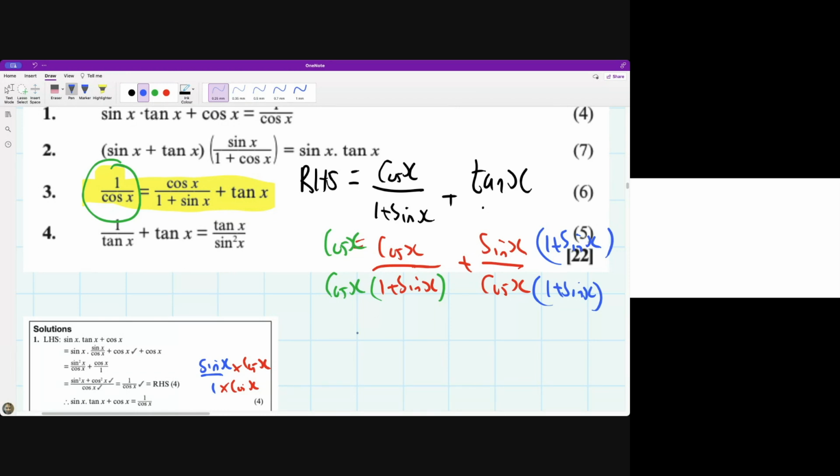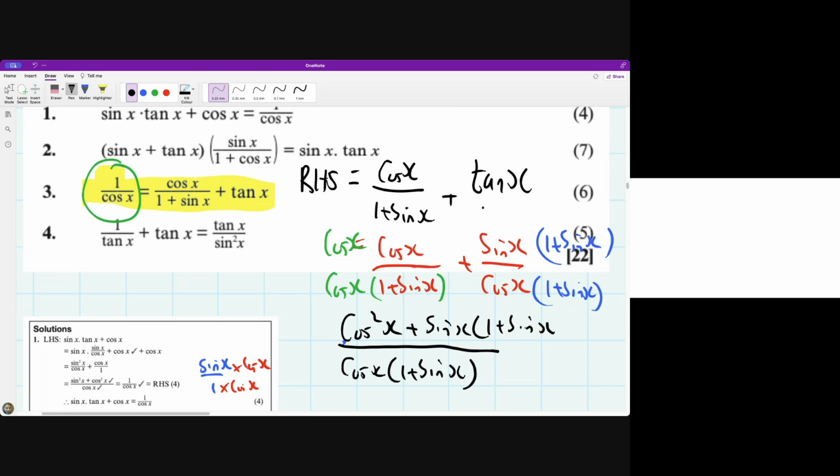So if I do that, I'm going to get a denominator that is the same. So it's going to be cos x (1 plus sine x). Now, what am I going to get on top? Well, cos x times cos x is cos squared x. And then I've also got sine x (1 plus sine x).